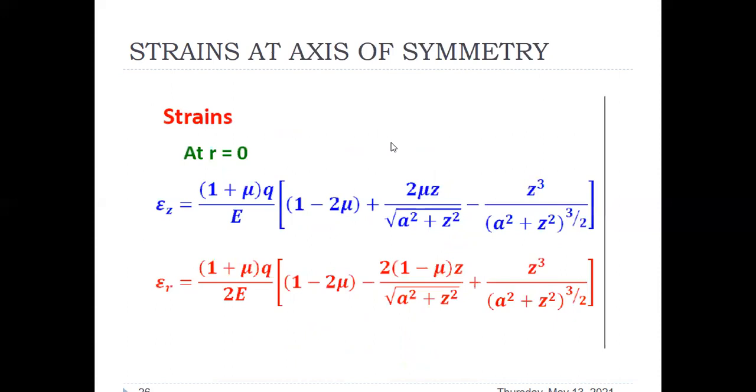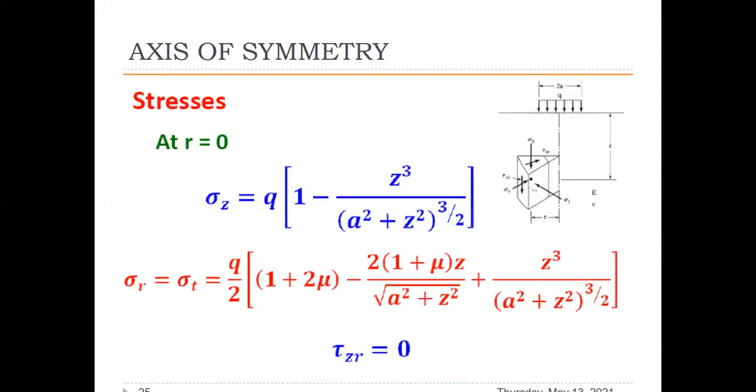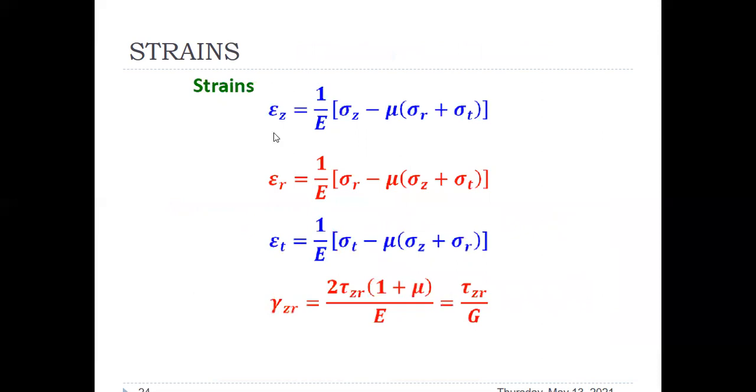Now, the strains you calculate if r is equal to 0. So vertical strain will be 1 over E sigma Z minus mu times sigma R plus T, and obviously you must be knowing that strain in each direction will be calculated in this manner, in which the main strain will be because of sigma r over E, while the negative impact will come from sigma z and sigma t.